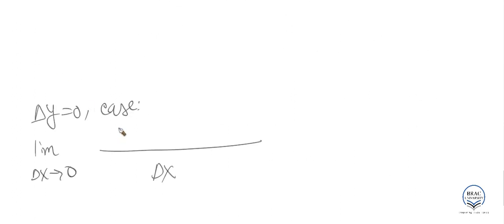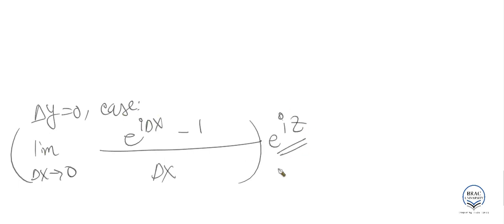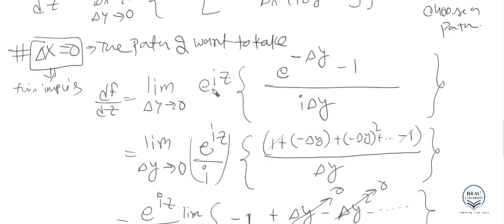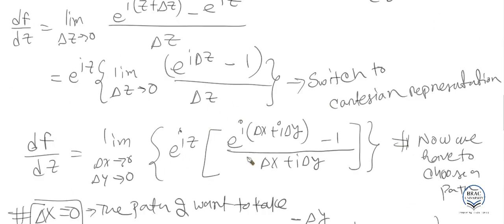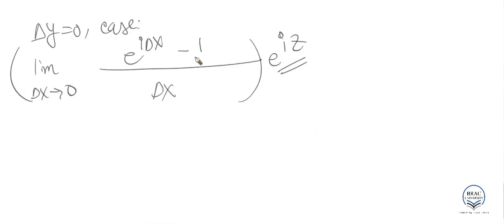So this will be e to the power i del x minus 1, and note that we have not written the term e to the power iz. This is just there because you can see from here that at first you have to take e to the power iz common, and then you can write it like this, and we are considering this del y to be 0 now. So this is just i del x minus 1.